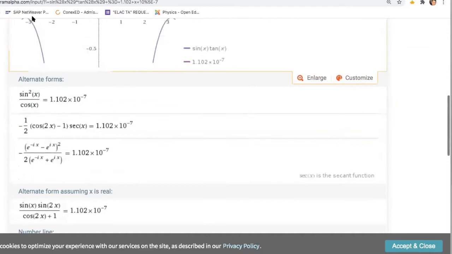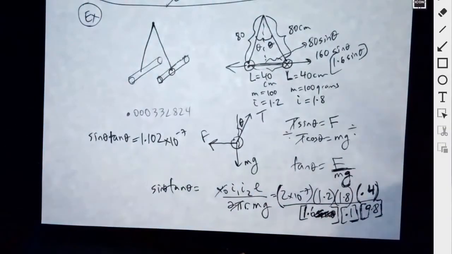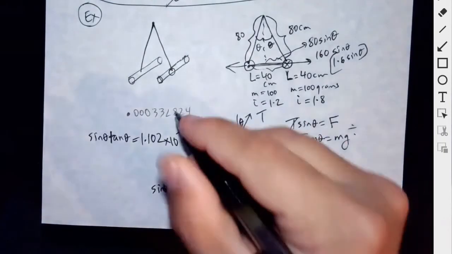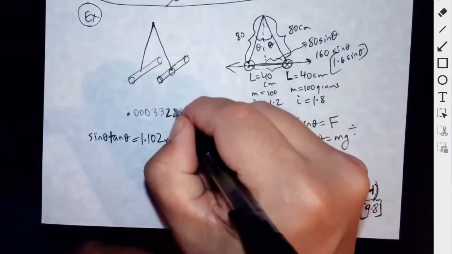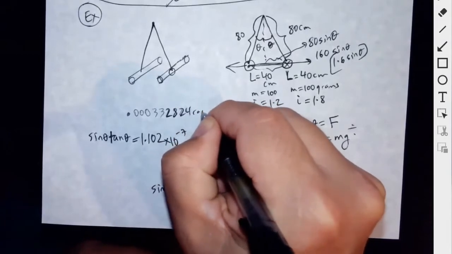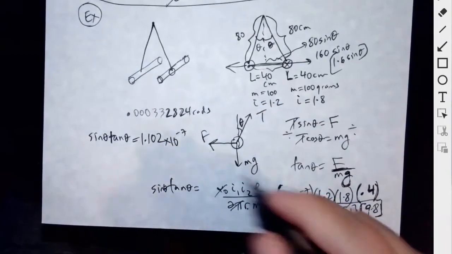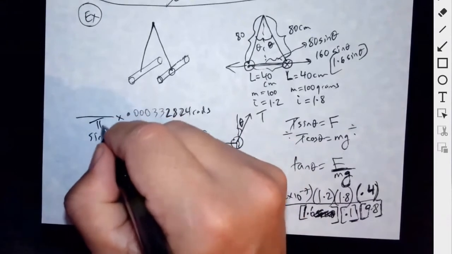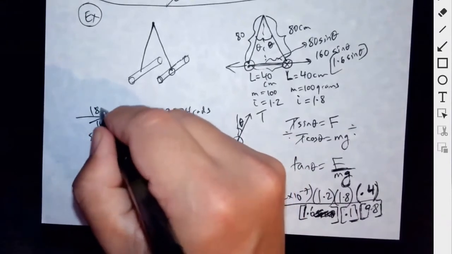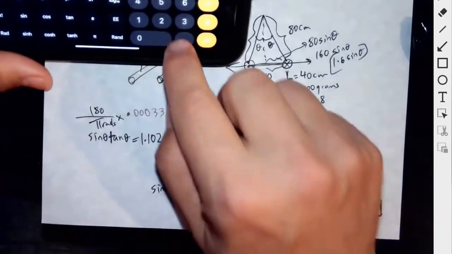So in degrees, what would that be? Maybe a little bit bigger in degrees, right? So it came out 0.000332824 rads. So then you say pi rads is 180 degrees.